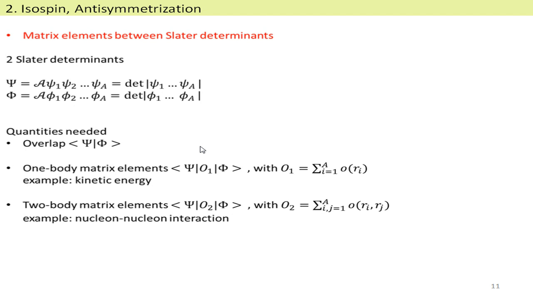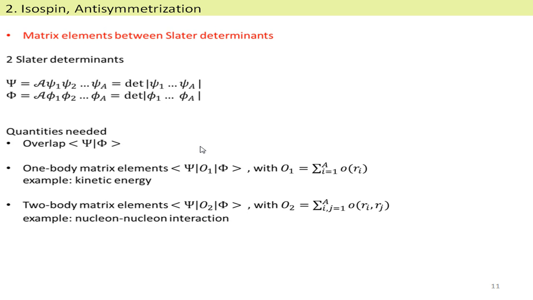So the overlap, for example, between 2 Slater determinants, or 1-body or 2-body matrix elements. A 1-body matrix element is written here. This is a 1-body operator, which is a single sum over the nucleons of an individual operator.